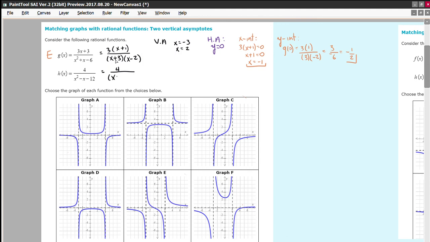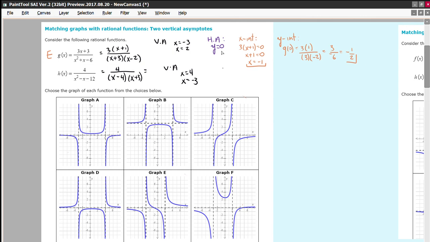So this is x minus 4 times x plus 3. So the vertical asymptotes, because my denominator does not have any common factor with the numerator, it means both of these factors or invalid values are vertical asymptotes. So one vertical asymptote is in x equals 4 and the other one is in x equals -3.